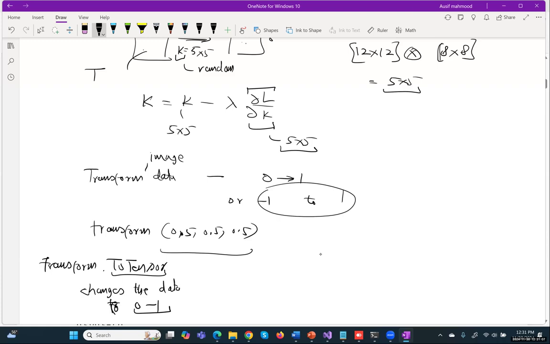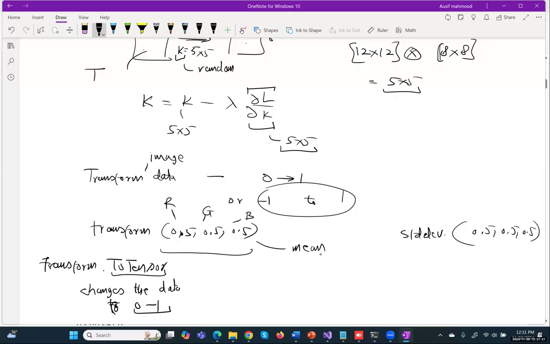Why are these 3 numbers 0.5? See, one is for the red channel, one is for the green channel, one is for the blue channel. So we have a transform for the mean and we have a transform for the standard deviation. In this case, you're subtracting 0.5 and dividing by the standard deviation, and we also typically put 0.5, 0.5, 0.5.